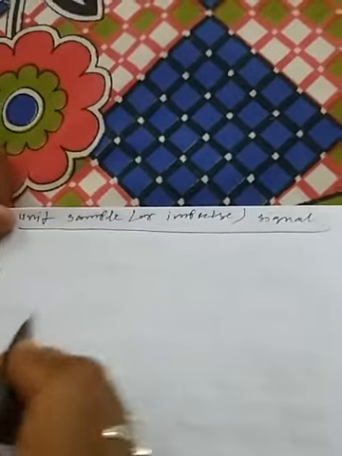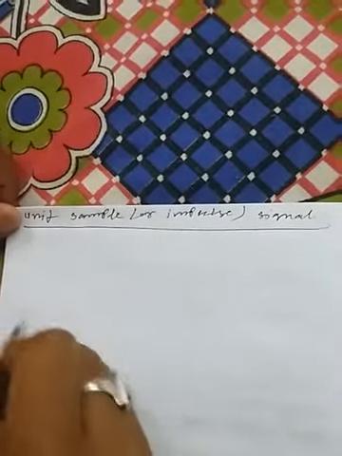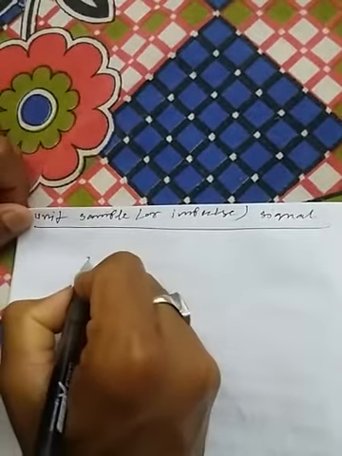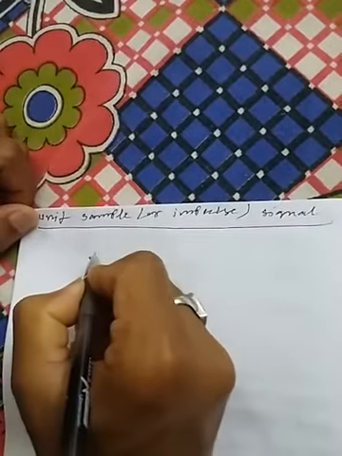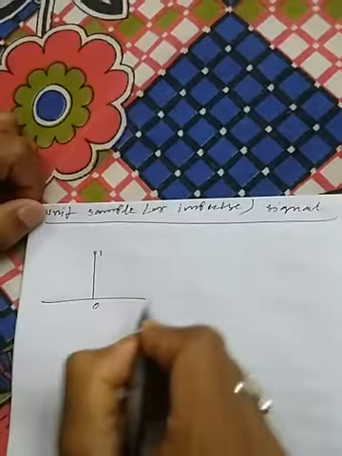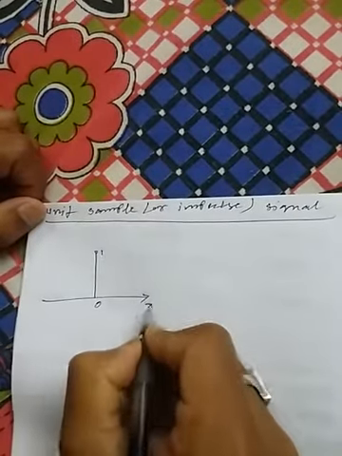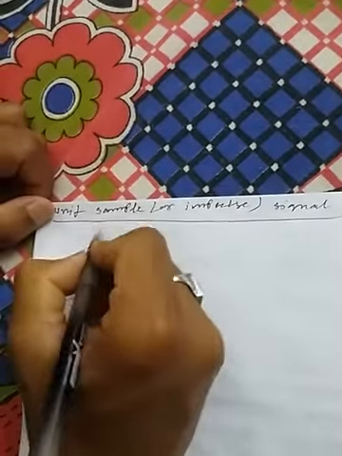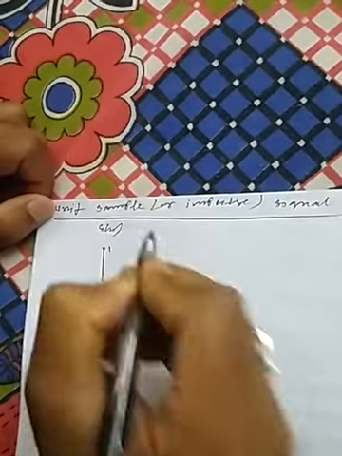In discrete time domain, the graph of this unit sample signal looks like this. This is 1, this value is 0, here is n, right? So this is delta n.